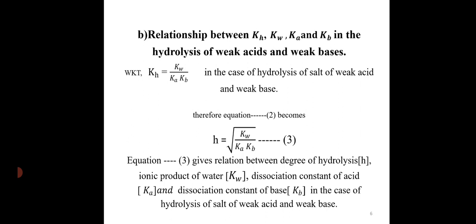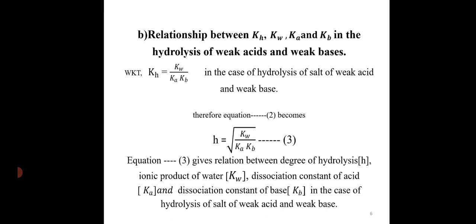Second, relationship between Kh, Kw, Ka and Kb in the hydrolysis of salts of weak acids and weak bases. We know that Kh is equal to Kw divided by Ka into Kb in the case of hydrolysis of salt of weak acid and weak base.